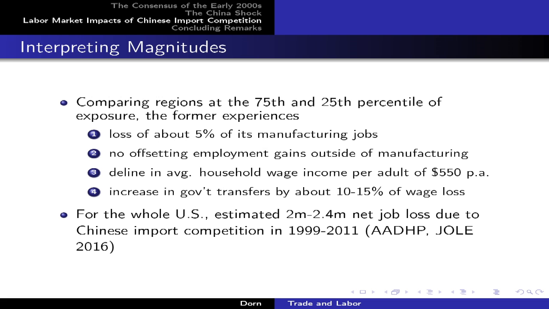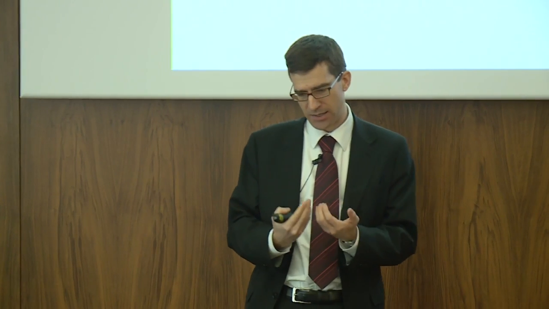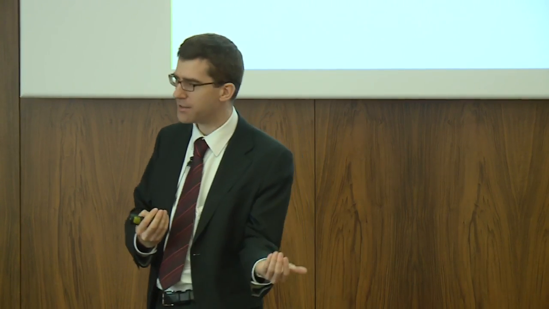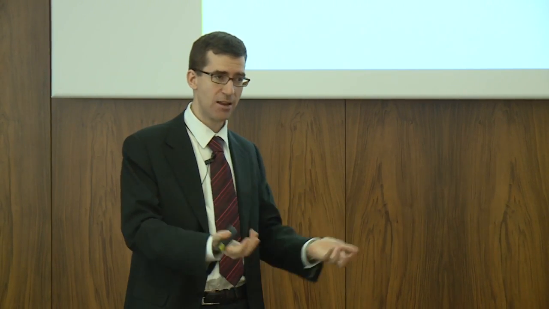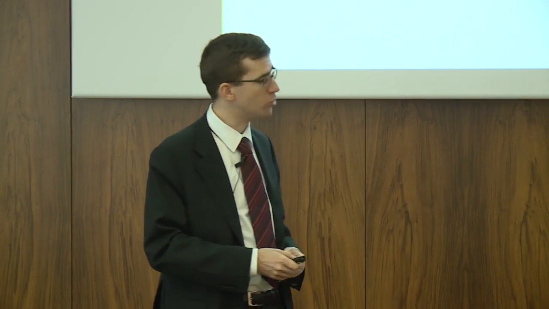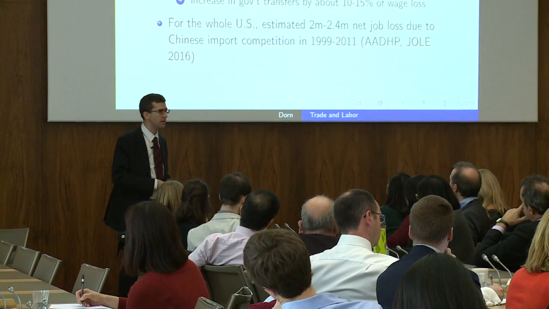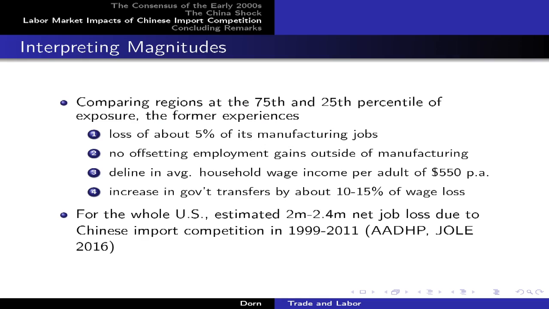In other related research, we also tried to estimate the impact of this adjustment not on this relative comparison between more and less exposed localities, but to quantify the aggregate job impact in the United States. And for the period of the 2000s, we estimate that more than 2 million jobs were lost on net.